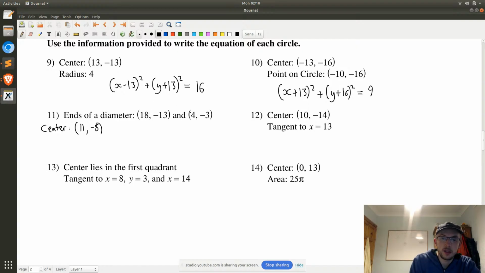So distance between the x values is 14. Distance between the y values is 10. So 196 plus 100, that's 296. Half that to get, you do half it, right? Oh no, you have to square root that and then half it.